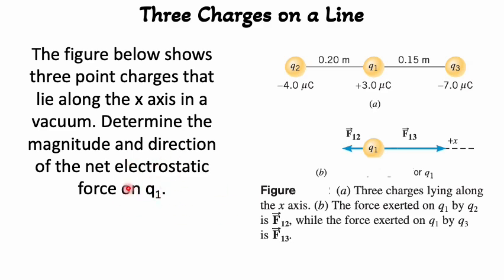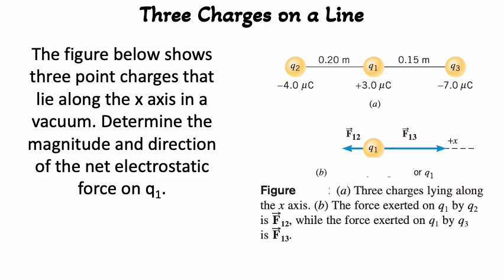So our focus should be on Q1, which is equal to positive 3 microcoulomb. So what are we going to do? We are going to determine the net electrostatic force experienced by Q1 because of the presence of these two charges around it.